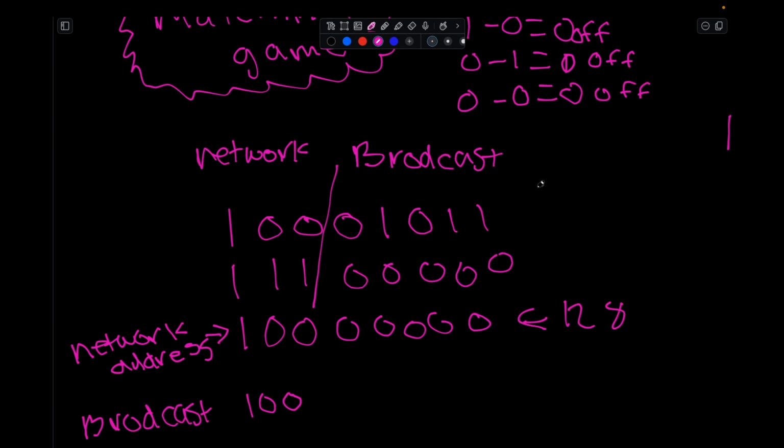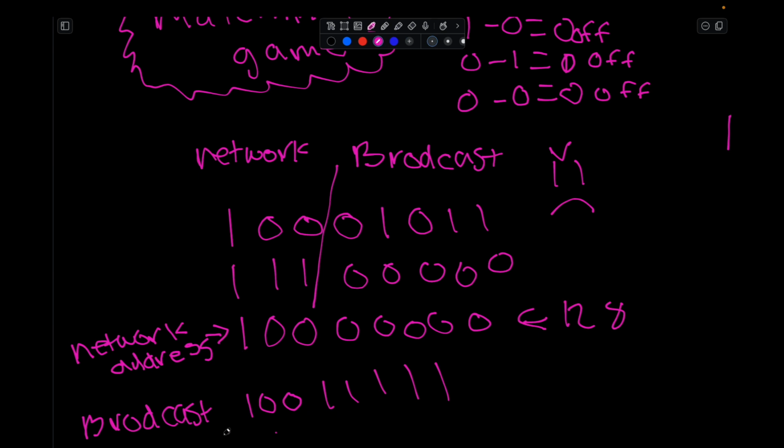And for broadcast, I don't like to play the matching game. What is this, elementary? So we ask what do we do for broadcast if not play the matching game, and the answer is just say they're all on. Okay, so we turn all these on: 1, 2, 3, 4, 5. And that's how we get our broadcast number.